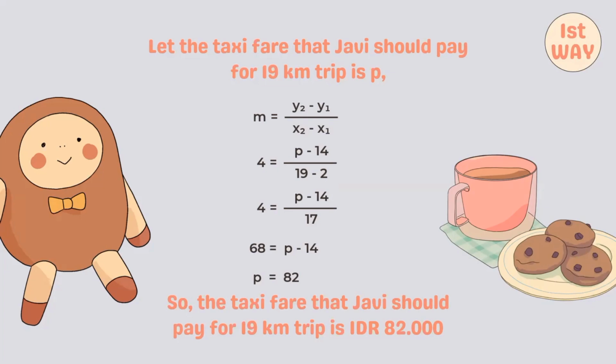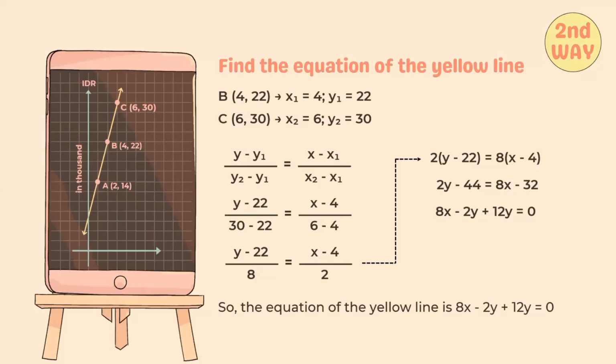Okay, let's move on to the second way. In the second way, we can use the equation of a straight line that passes through 2 points, x1, y1, and x2, y2, which is y minus y1 over y2 minus y1 is equal to x minus x1 over x2 minus x1. What we're gonna do now is find the equation of the straight line. First, choose 2 points to be x1, y1 and x2, y2.